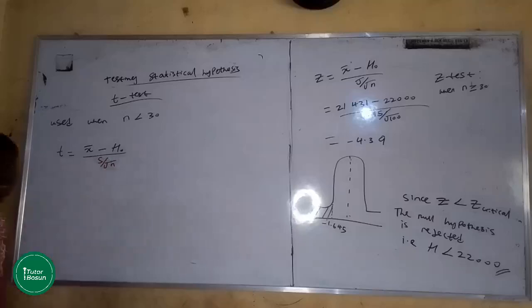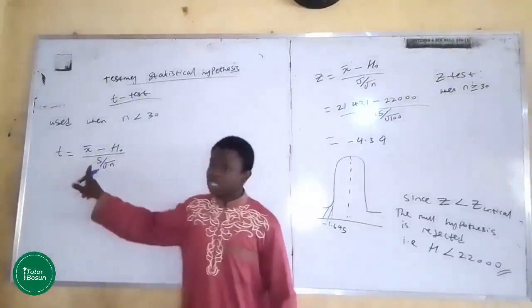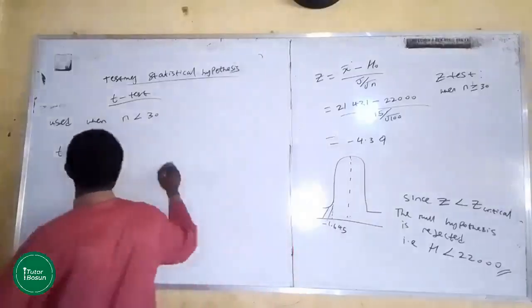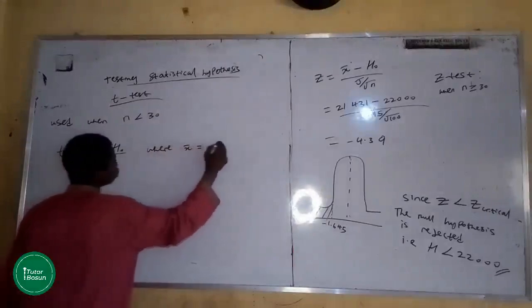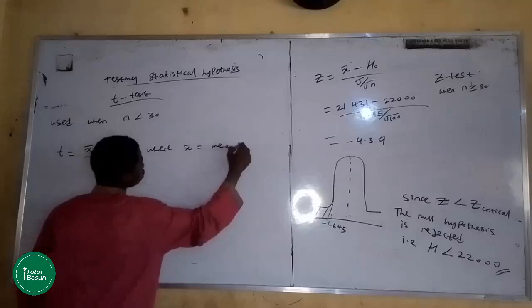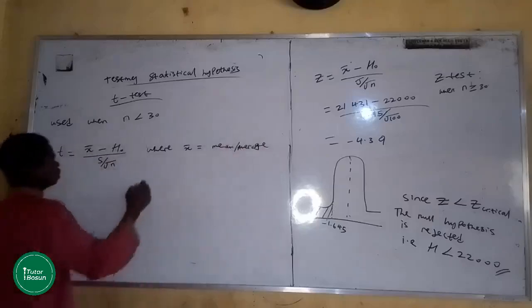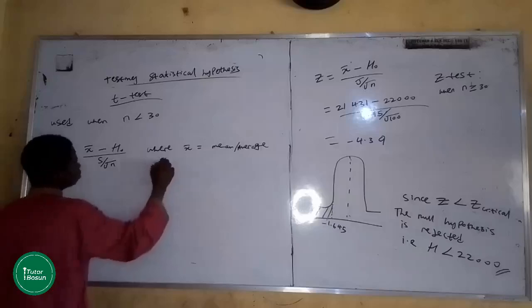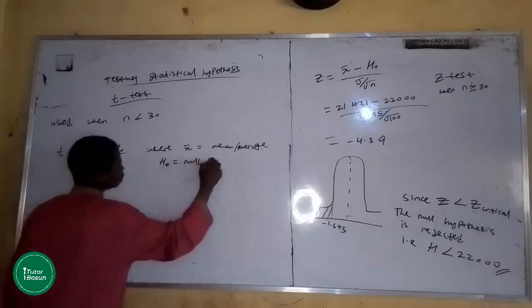S in this situation is also your standard deviation. But in t-test, we represent standard deviation with s and not sigma. Please take note, where x bar is equal to the mean or average, and mu naught is equal to the null hypothesis.